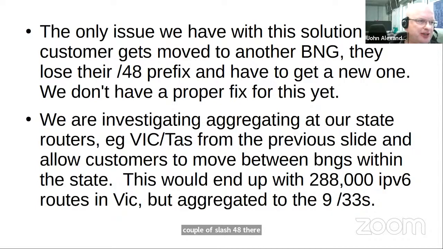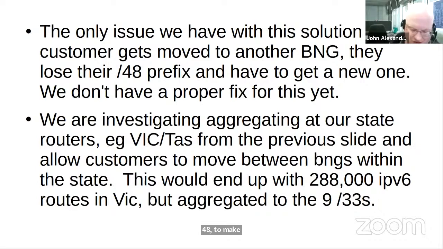What we've got though is, at the moment, each BNG has a /33 assigned to it. So if a customer lands on that BNG, they'll get their IP. But if for some reason they shift house or we do some network changes and they land on a different BNG, they will get a different IP address. So we haven't got a proper fix for that yet.